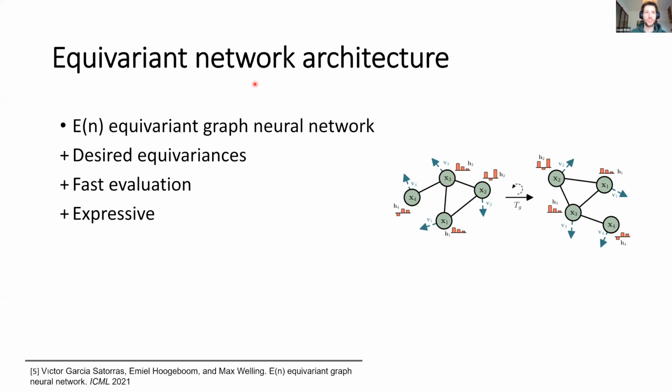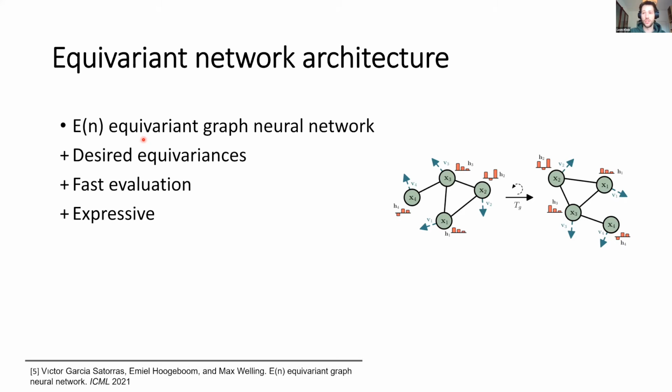So what we are using now are E(n) equivariant graph neural networks. They have a few upsides, and that's why we use them. Of course, they are equivariant with respect to the symmetries we're interested in, which are rotations, permutations, and translations. They are quite fast to evaluate, so we don't need to evaluate, for example, spherical harmonics.